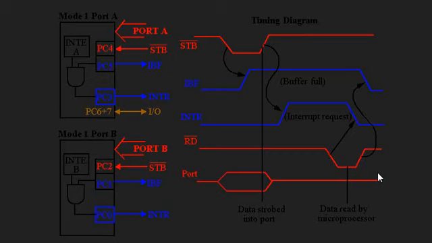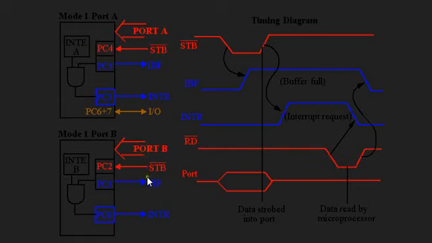Here we have a diagram for mode 1 in port A and mode 1 in port B. In this diagram we first have an STB which is active low to activate this section, and the STB is connected with PC4 and PC5 is connected with IBF. Then it will generate an INTR, an interrupt request, and when the interrupt request occurs, it will go to the port B section where there is a read low function.